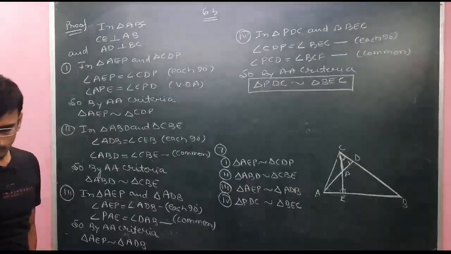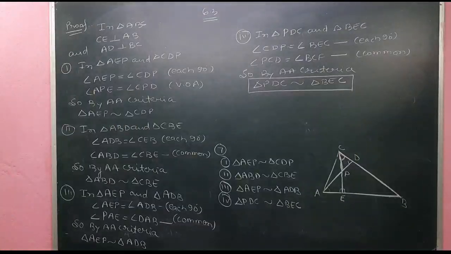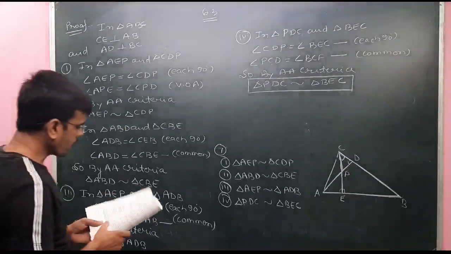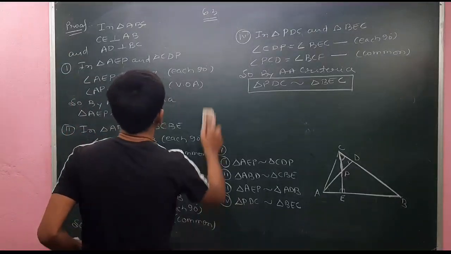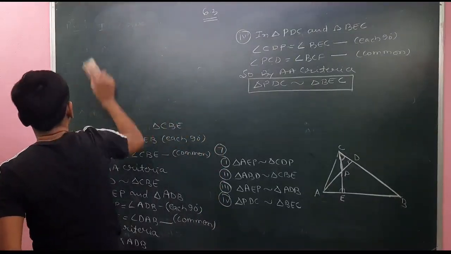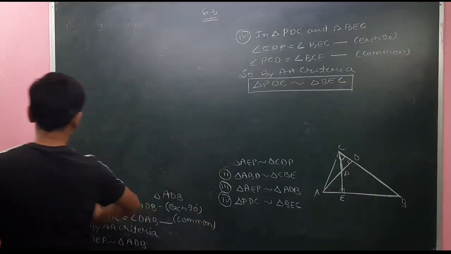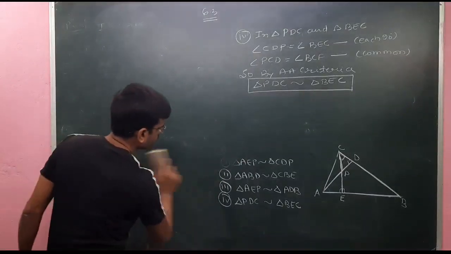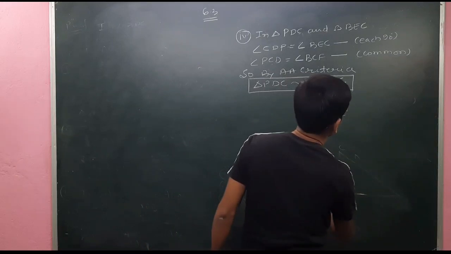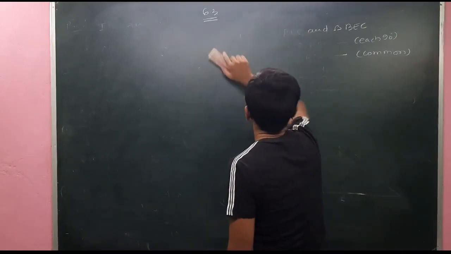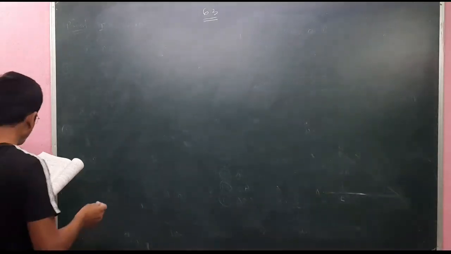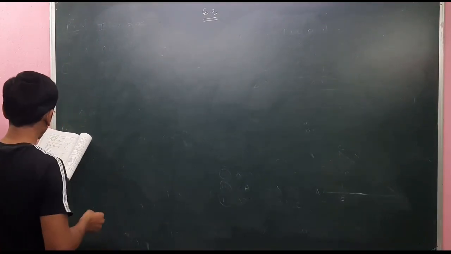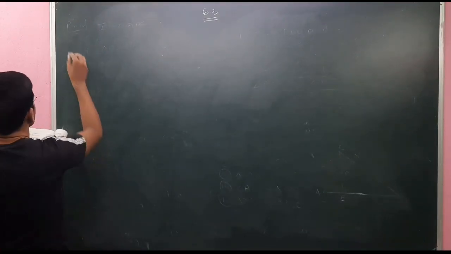Now see the next question, question number 8. Question number 8 is: E is a point on the side AD produced of a parallelogram ABCD.